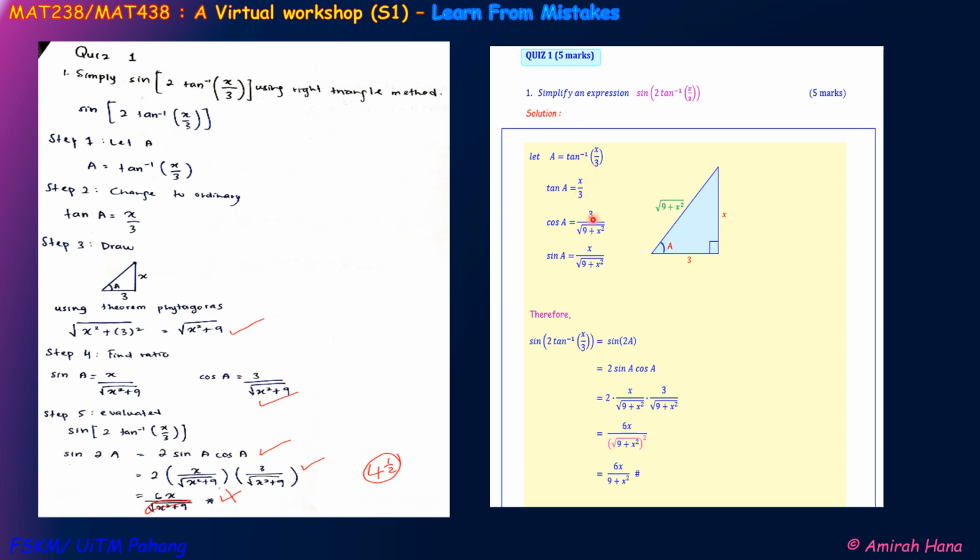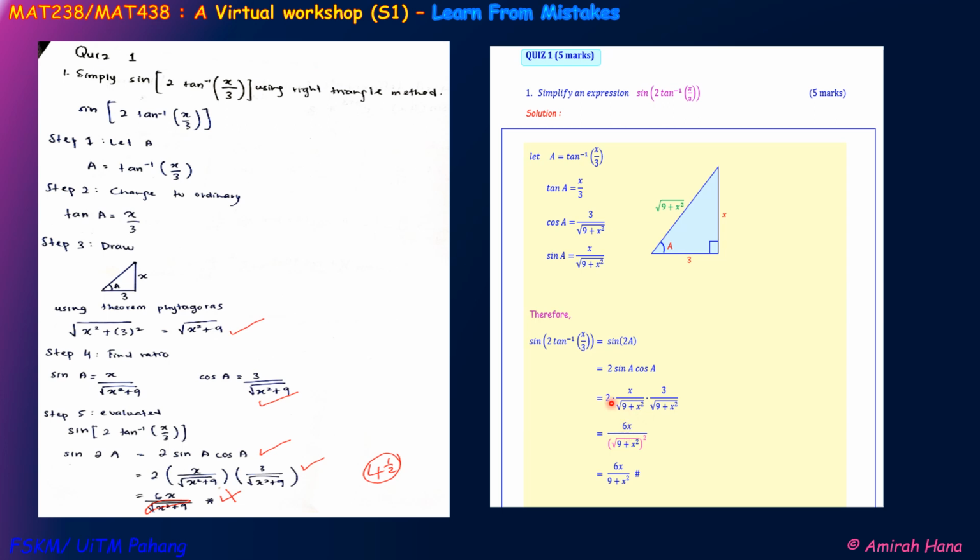Okay. So ini first A equals to inverse tangent x over 3, and then write tangent A equals to x over 3, and then find the hypotenuse, and then find cos A sin A, and then therefore sin 2 inverse tangent x over 3 equals to sin 2A. Sin 2A ni means double angle identity for sine, which is 2 sin A cos A. And then gantikan 2 times x over sec 9 plus x squared times 3 over sec 9 plus x squared.